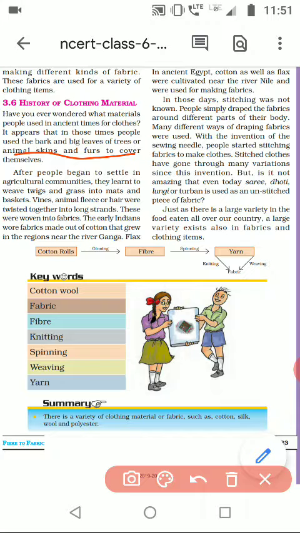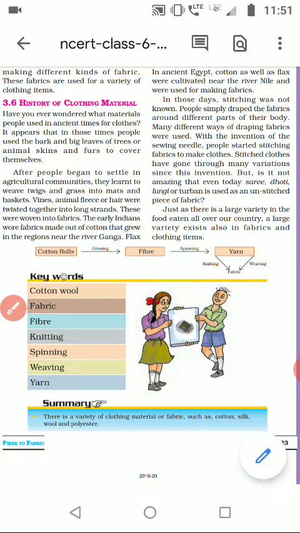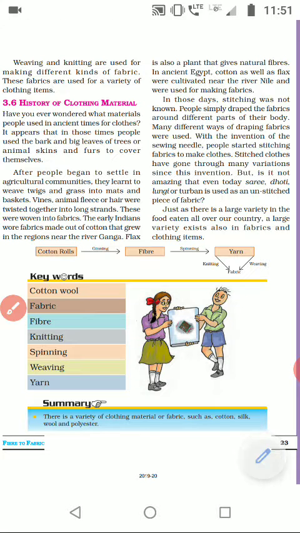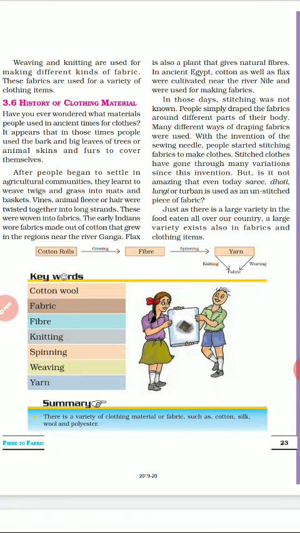They found that by covering their body with this material, they could safeguard their body a little from the extreme cold and hot environment.